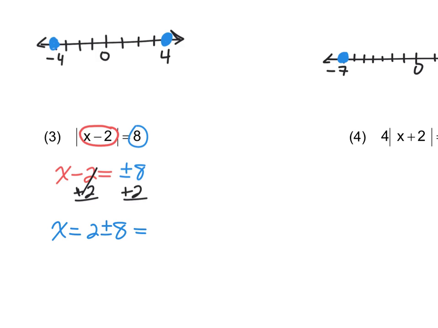You can't just leave it like that. You got to figure out what they are. 2 minus 8, negative 6. 2 plus 8 is 10. All right, so here it's X is negative 6 or 10. Because you can't be negative 6 and 10 at the same time. So the nice way of writing your notation, your solution, is this way.